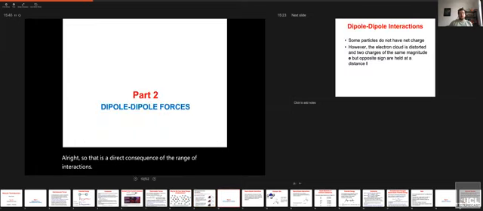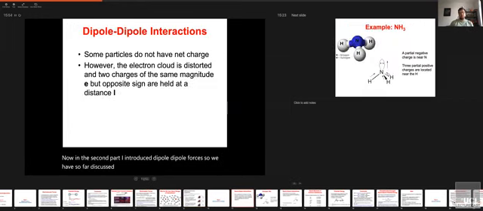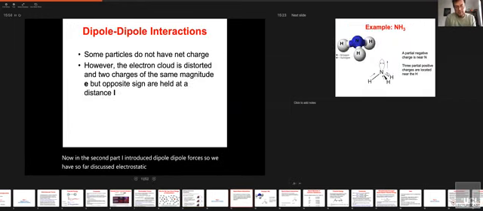Now, in the second part, I introduced dipole-dipole forces. So we have so far discussed electrostatic interactions, those that we understand the best. We've done a lot of experiments. We know what the parameters are. We know where they come from and everything. The problem is that while ions are charged, many molecules are not, they don't carry a net charge.